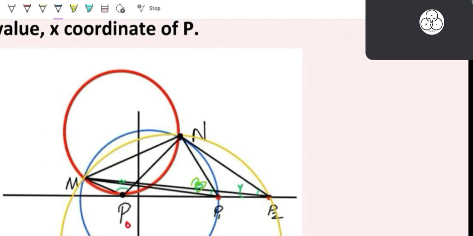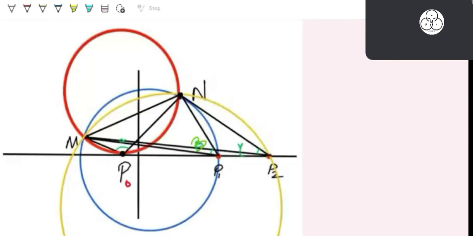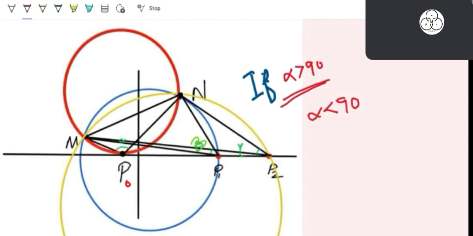Actually, there's nothing to be confused about. When alpha is greater than 90, for that case we generalized. When alpha is less than 90, at the very end, the fourth concept, we took the sine rule.